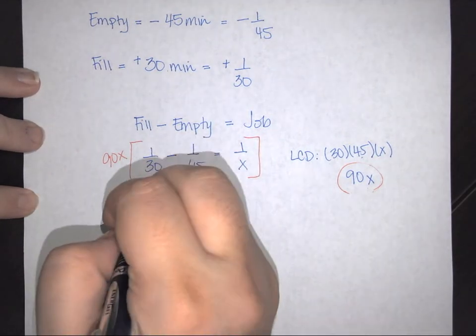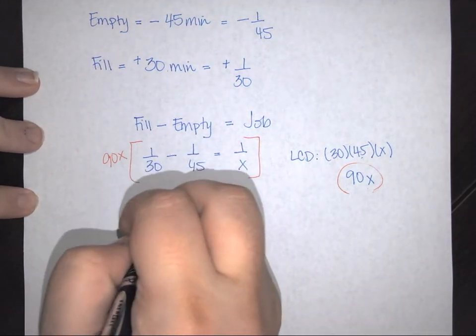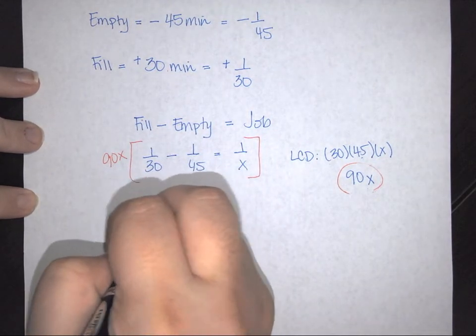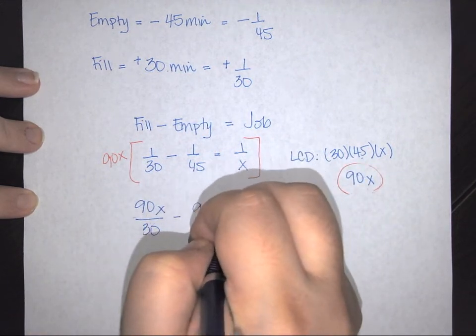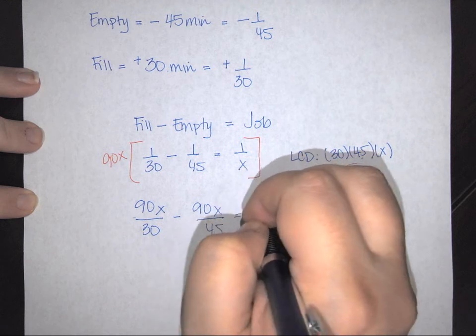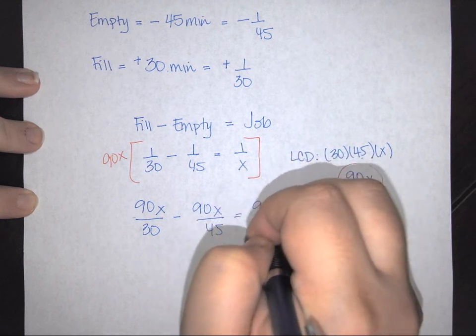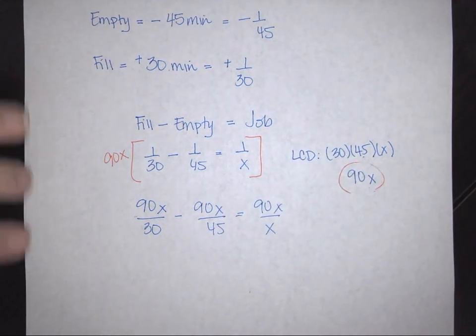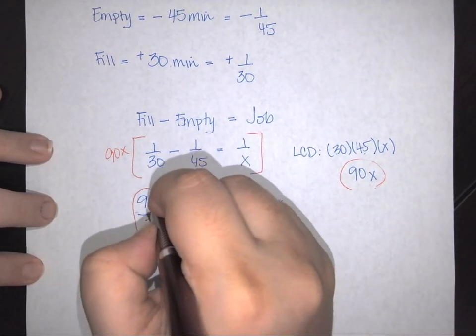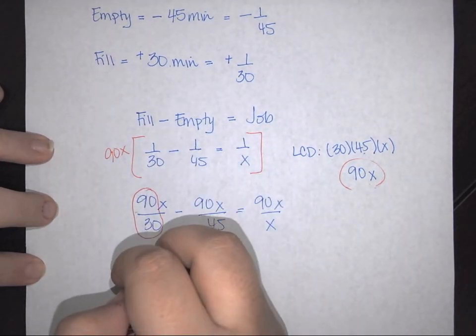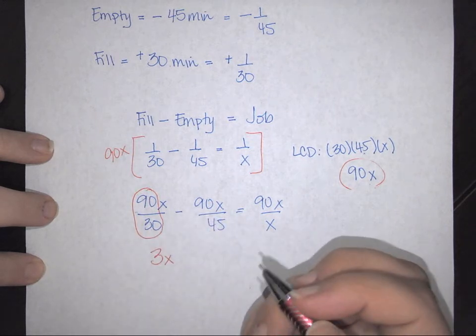When we do that, what happens is we get 90x over 30 minus 90x over 45 equals 90x over x. And we have to go ahead and reduce. When we look at 90 over 30, this is going to become 3x.